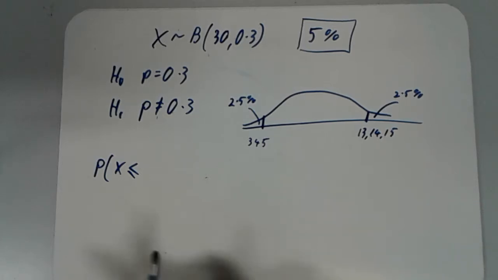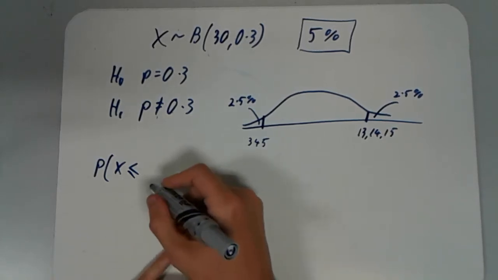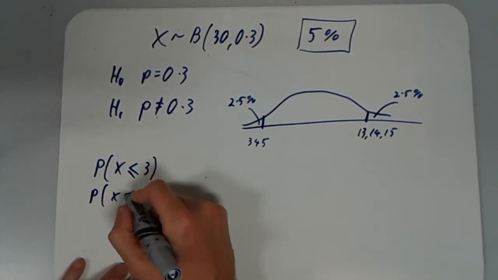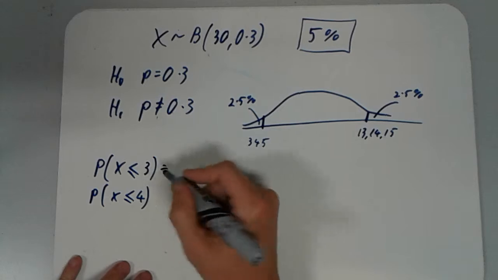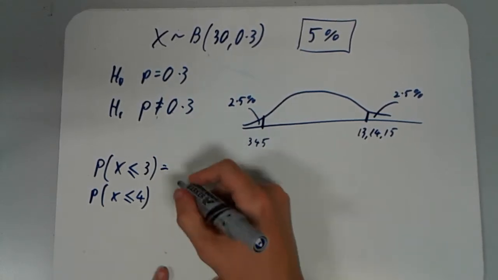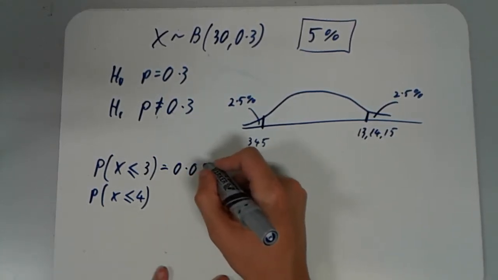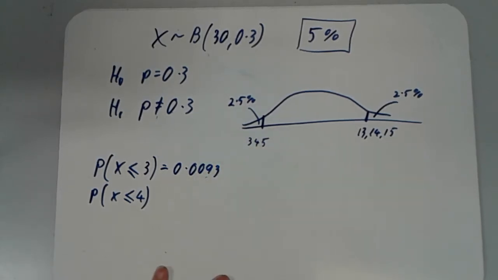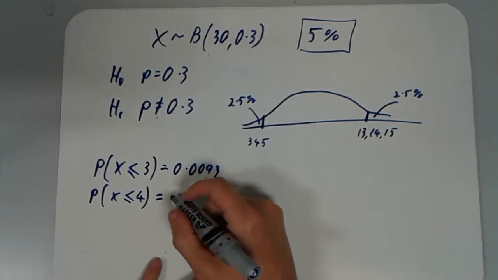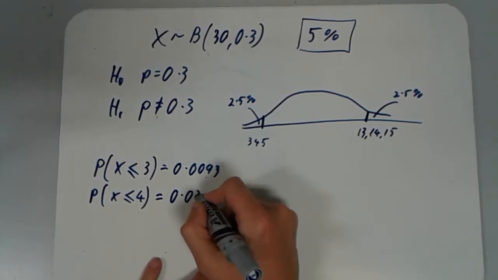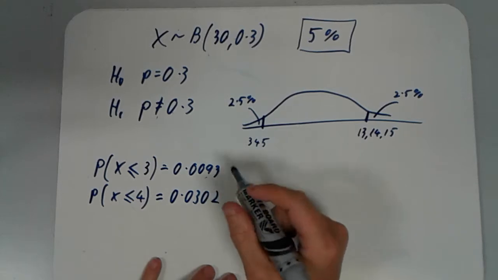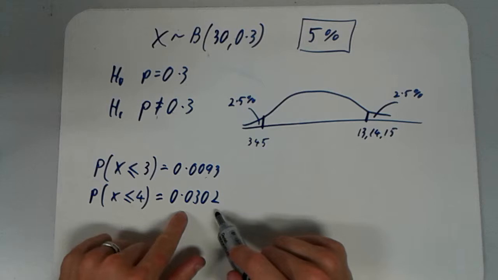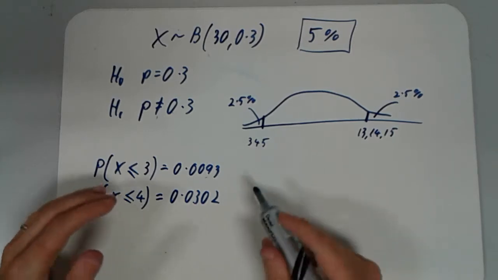That will be the probability that x is less than or equal to 3, which is 0.0093, and the probability that x is less than or equal to 4, which is 0.0302. I don't need to bother with 5. This is less than 2.5%, that is more than 2.5%, so 5 will just be even more.